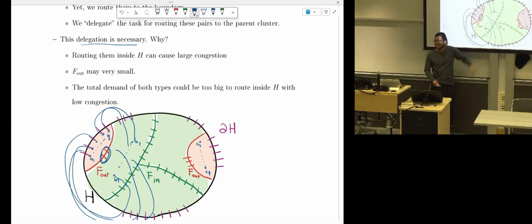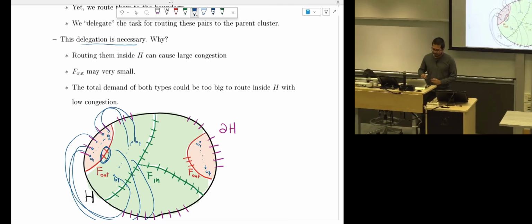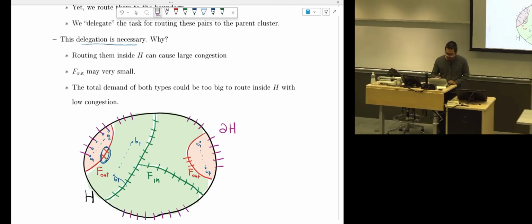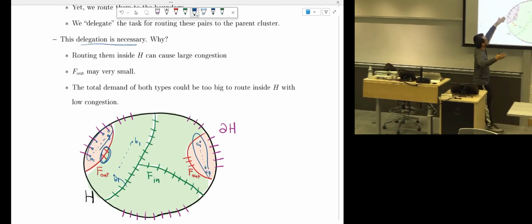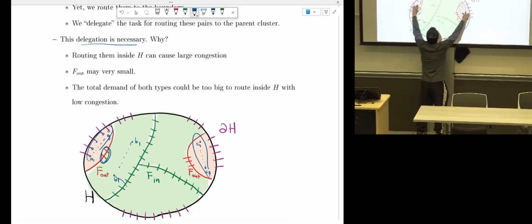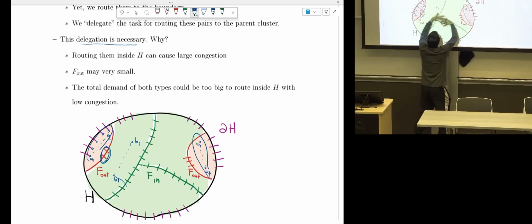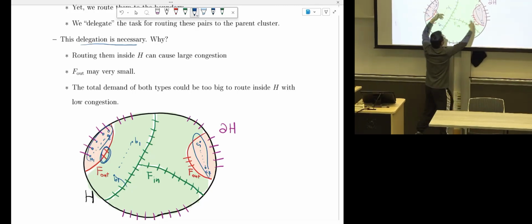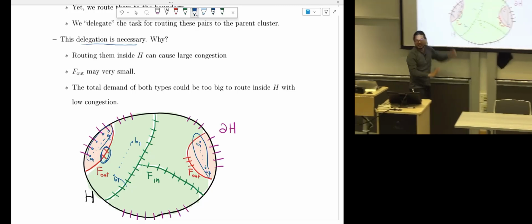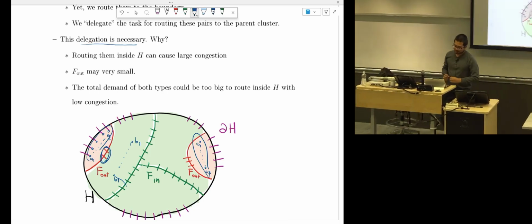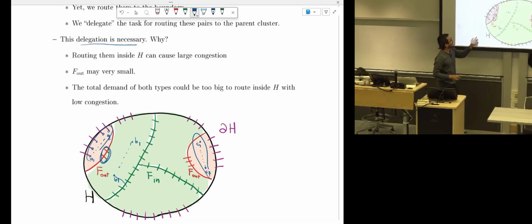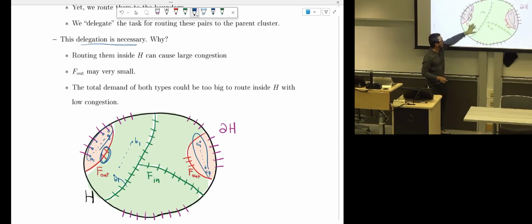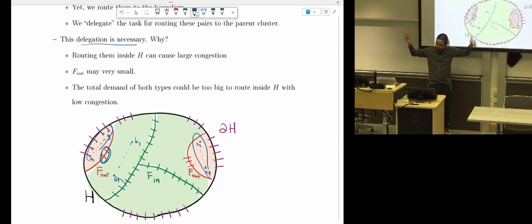Similarly, if you want to route between A and C, between outer children, you don't want to go through the min cut edges. You might need to go out. So you see, for this construction, for some of the pairs inside H, it's just better to forward them to the boundary.